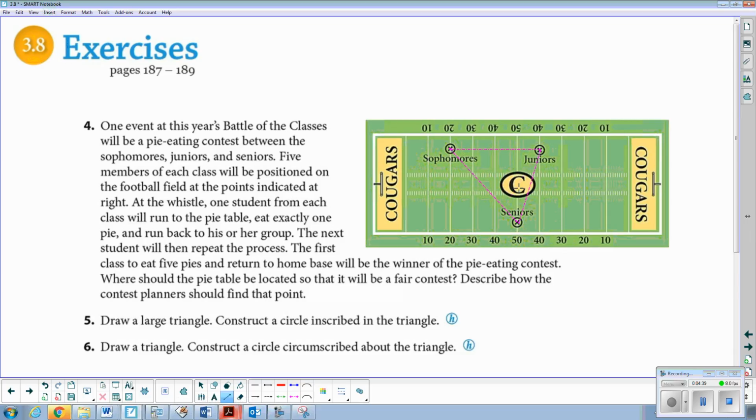We want to locate a point that's the same distance from each of them. So it's going to be somewhere around here, maybe a little bit lower, but it's going to be in between all of them anyway. And again, we're using the circumcenter because we want it to be equidistant from the vertices.